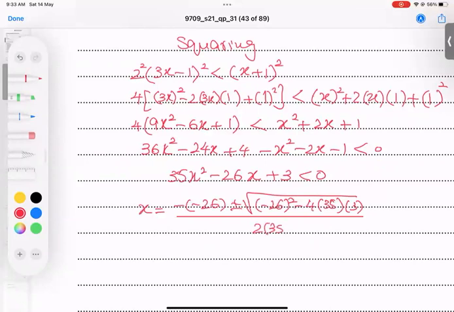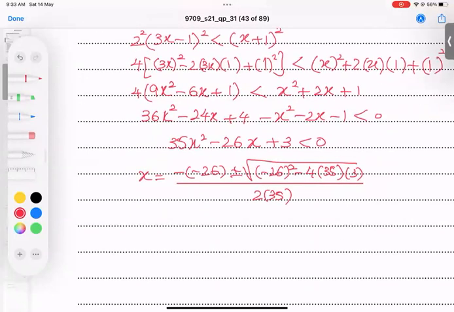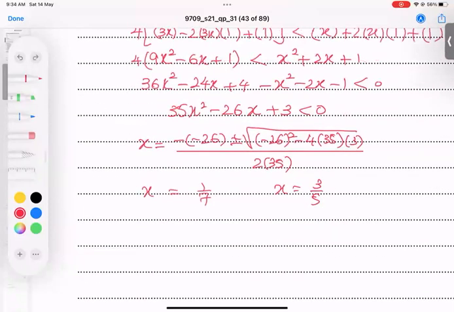I have seen some students directly write answers. I mean to say the answers are 1 over 7 and 3 over 5. And some students directly write this answer. No, you should at least show this step. One step is compulsory.